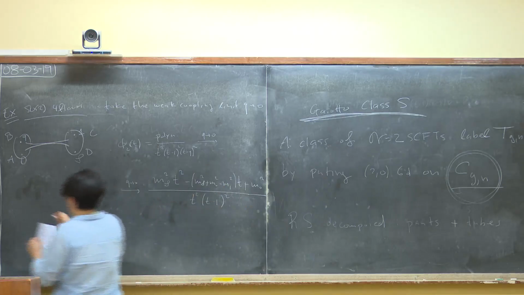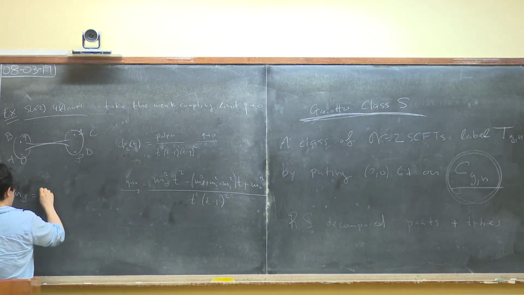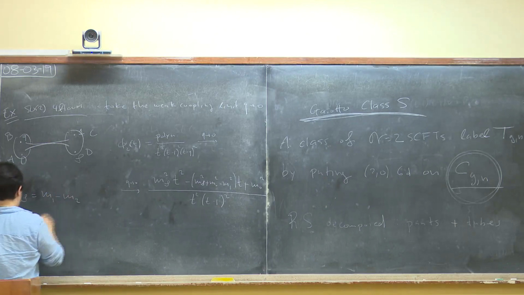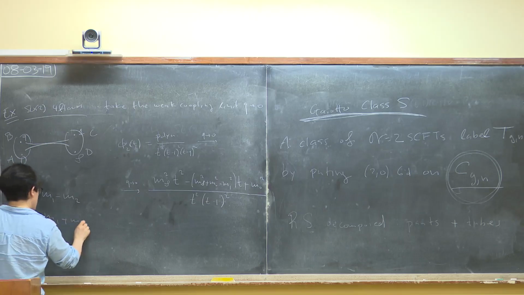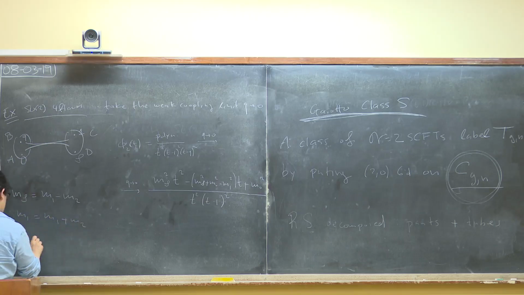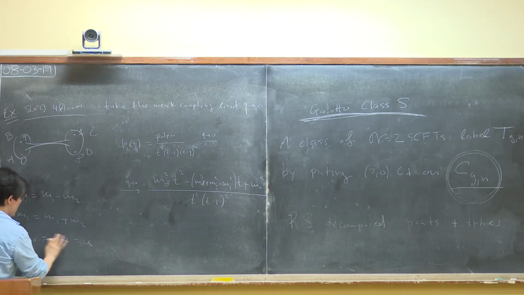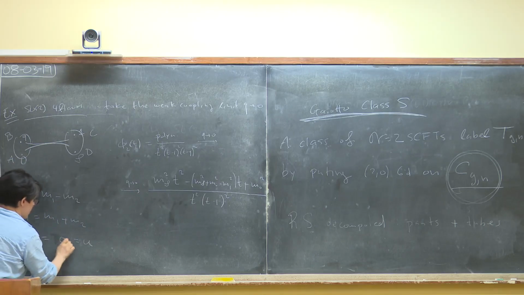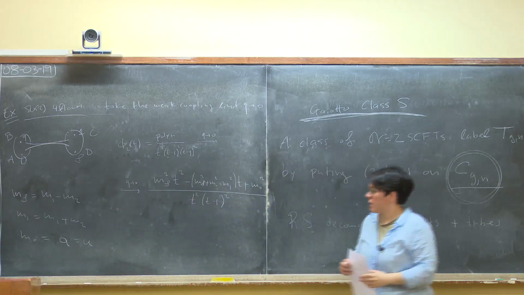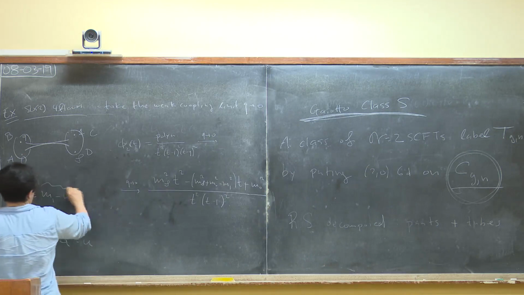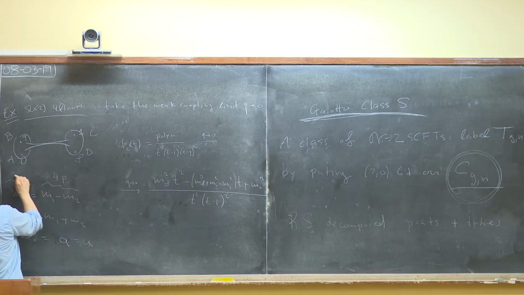And where m infinity is, in this notation that I'm using, this is actually A now. So this is a simple calculation. This was from the 4 puncture sphere, and this is from the 3 punctures now.